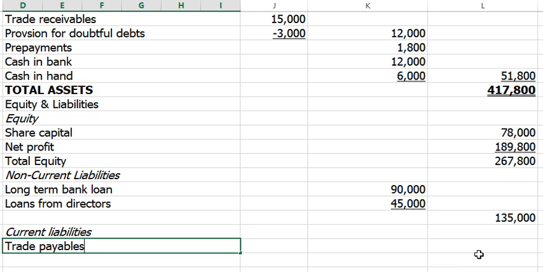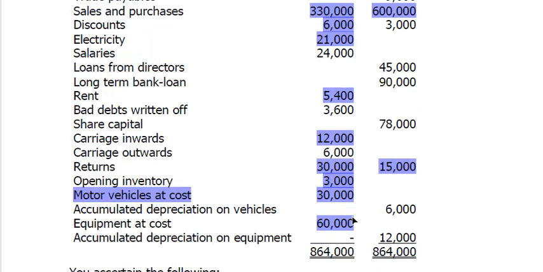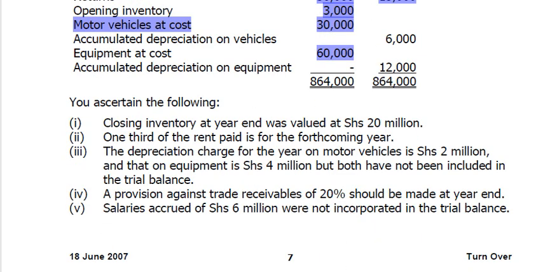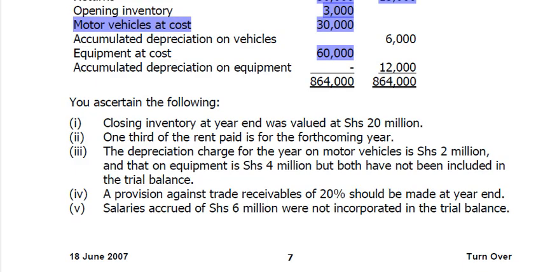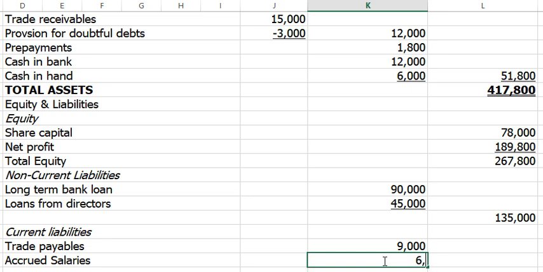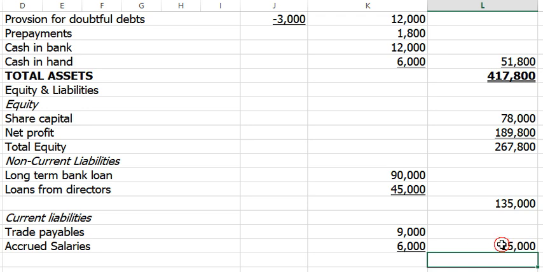Then there were accrued salaries, accrued expenses. Those are current liabilities. The prepaid expenses are current assets, don't forget. Salaries accrued, that is 6,000. Those are the only current liabilities we have. And when you add these two, we get 15,000.